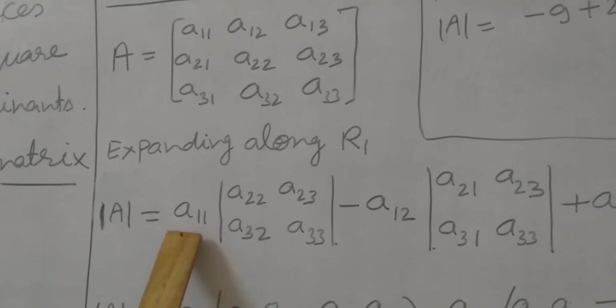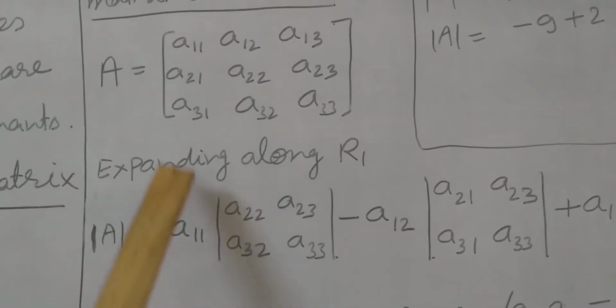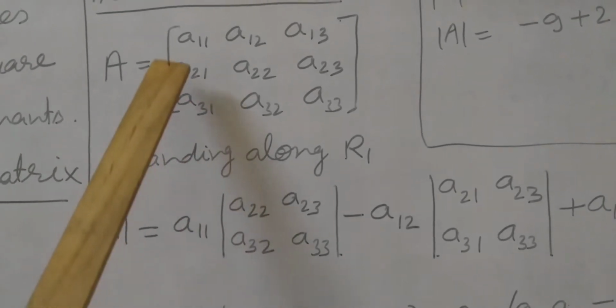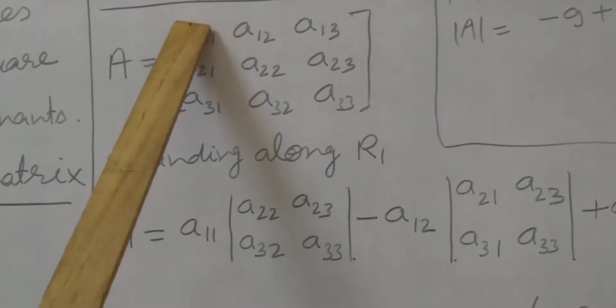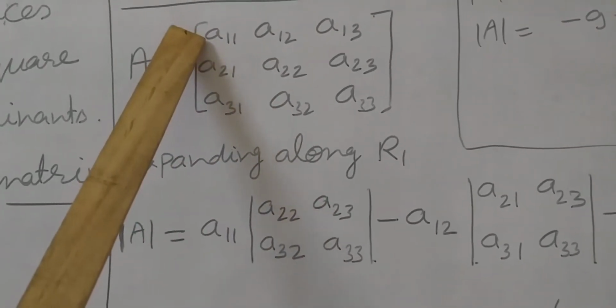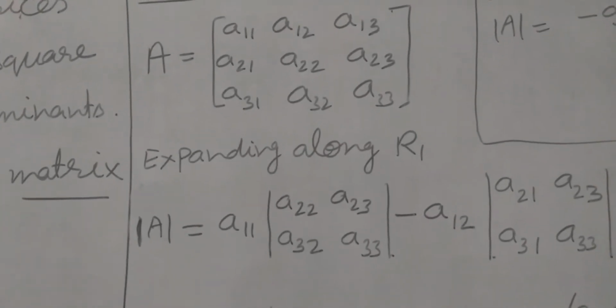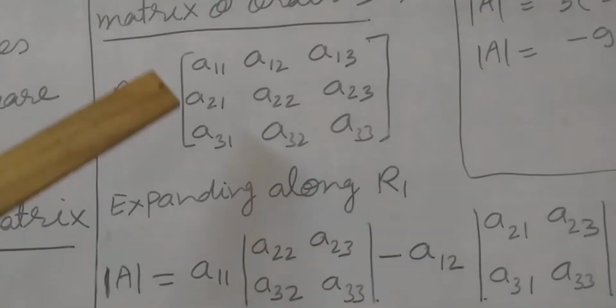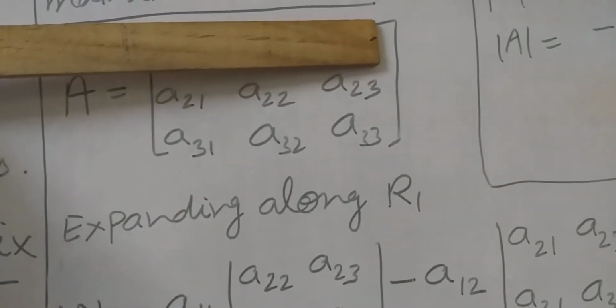Correct? Now students, this element has been written here. So we have to delete the row and the column in which this element lies. Correct? So we have to delete A11 row. So this will be deleted.